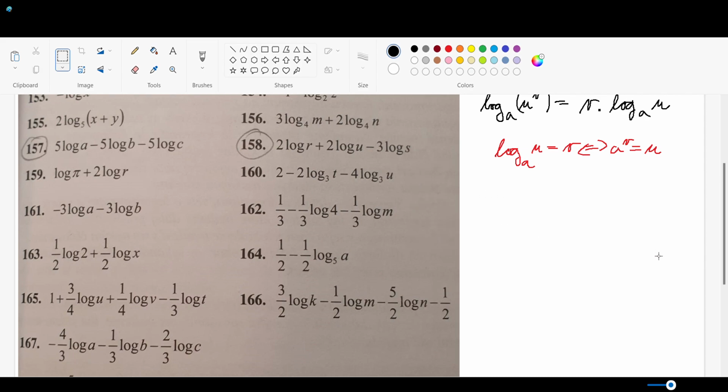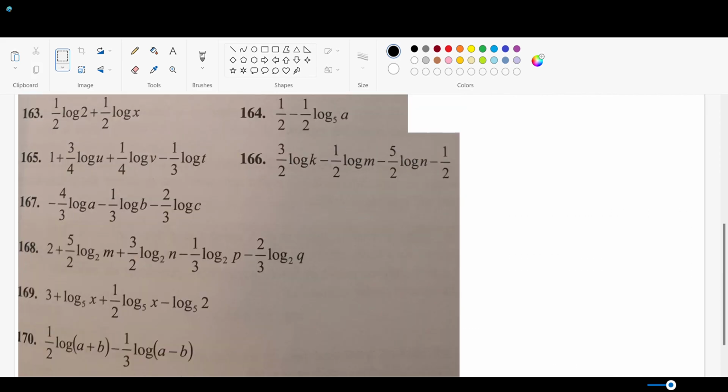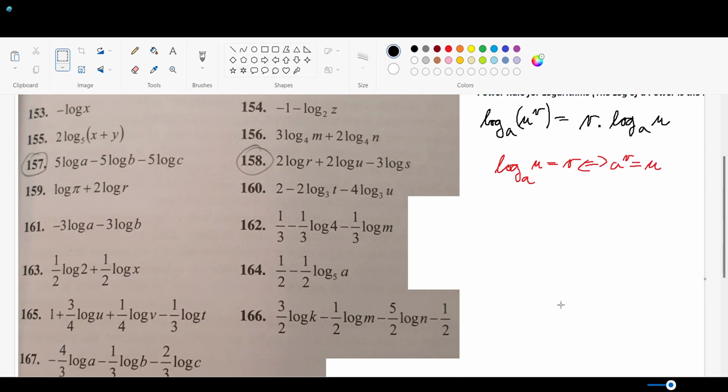Basically, these exercises are very easy to solve, and I will also show you another one which can be a little bit hard to solve. But first of all, let's start with exercise 157, which says 5 times logarithm a take away 5 times logarithm b take away 5 times logarithm c is equal to.